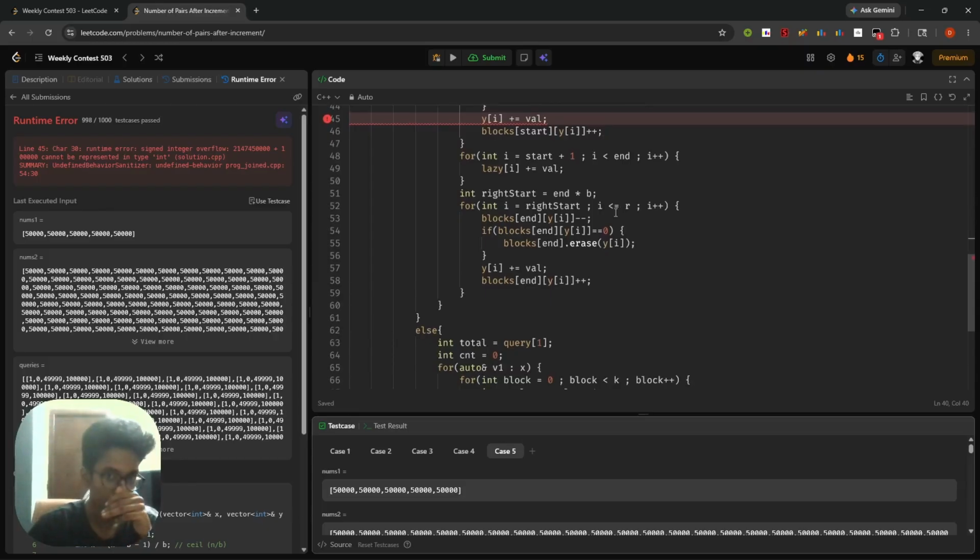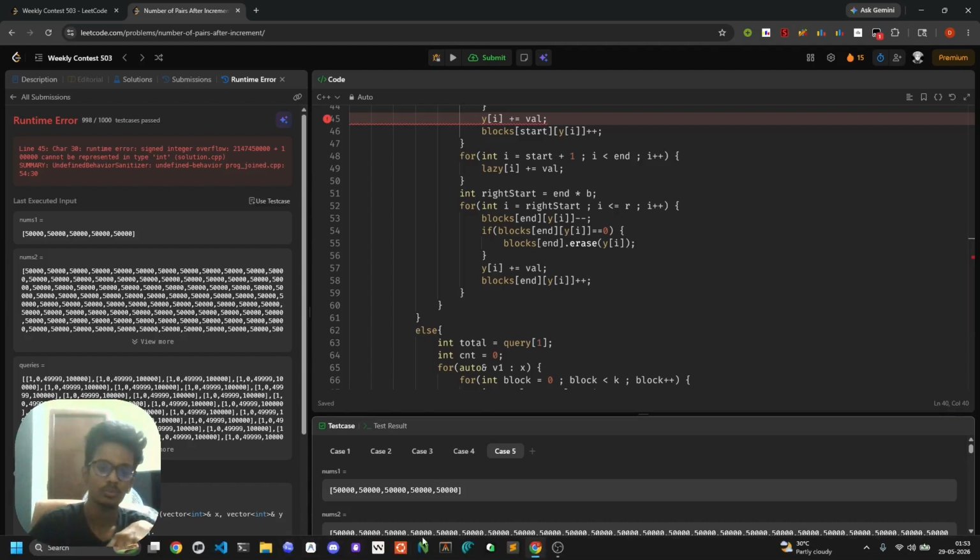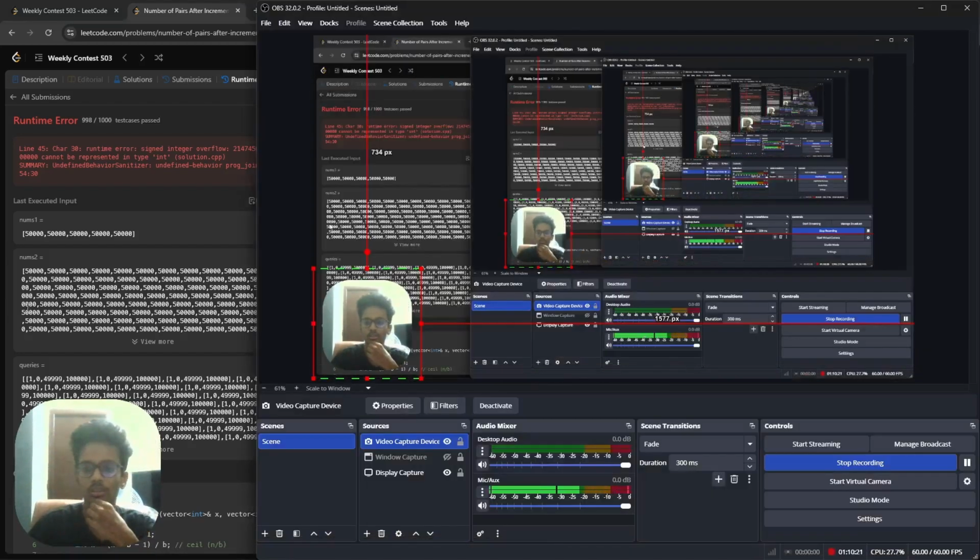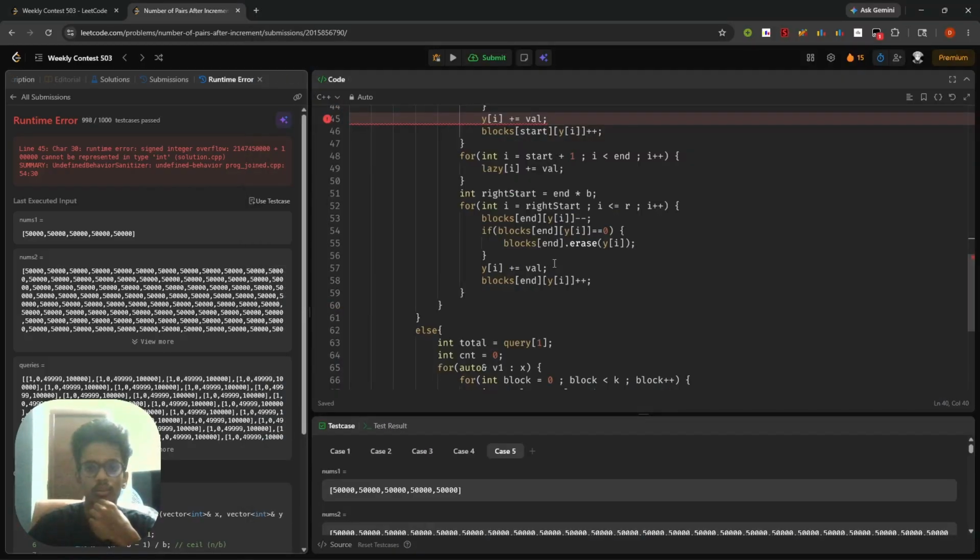Y plus equal to 1, for int i equal to start plus 1, i less than n, i plus plus, and lazy of i plus equal to y, right start equal to n into b. From right start to, am I still getting recorded? From right start to less than or equal to r, i plus plus.